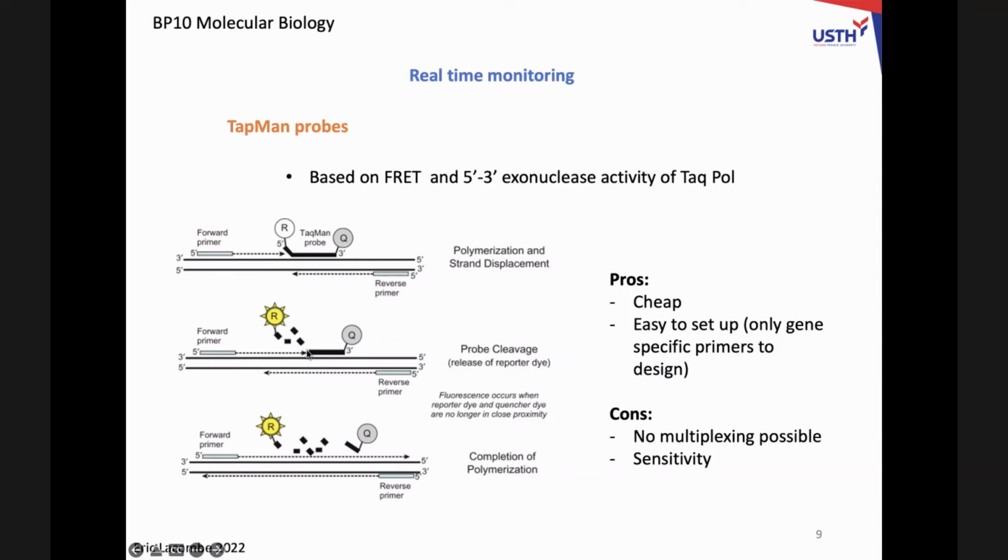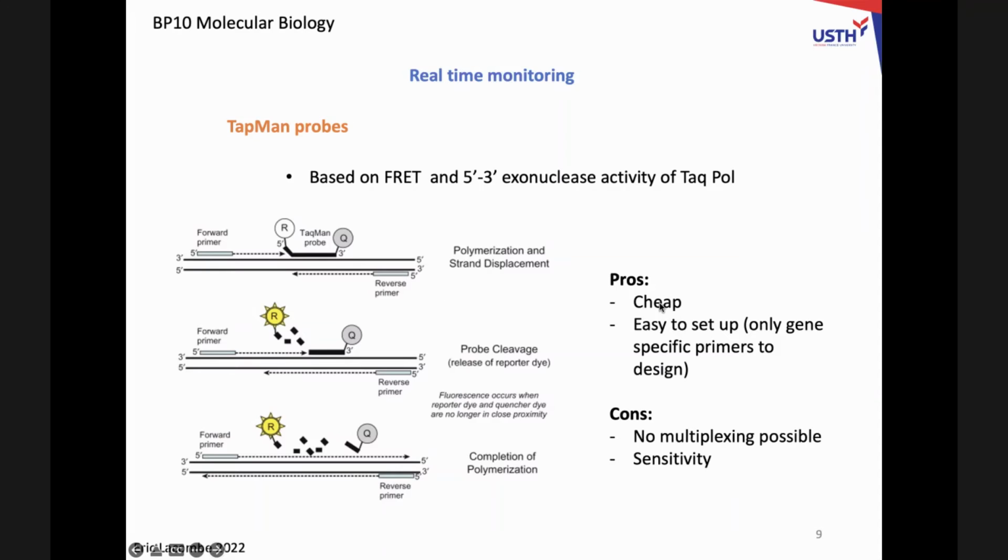Because of this degradation, the first fluorochrome is going to be separated and put away from the quencher. And because this fluorochrome is not close anymore to the quencher, if you apply light, there will be fluorescence. Do you understand the principle? So the idea is that we monitor fluorescence during the extension phase, okay?